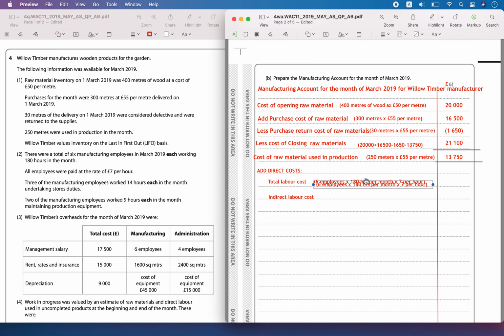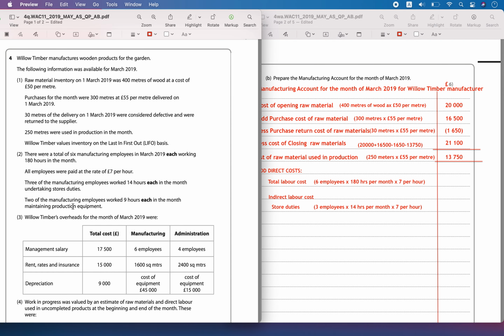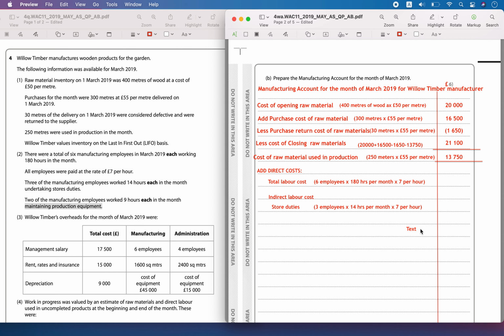Here we can see that there are 3 employees working for 14 hours per month, also paid at the rate of £7 per hour. This is for the store duties, regarded as indirect cost. Then you have maintaining the production equipment.